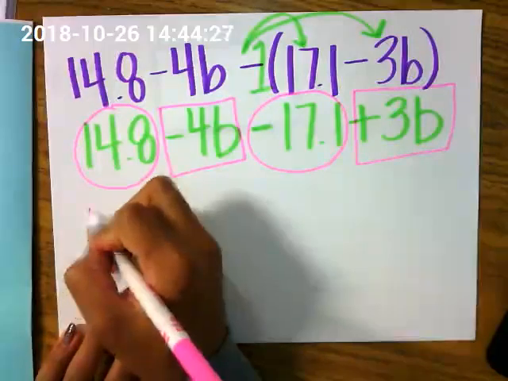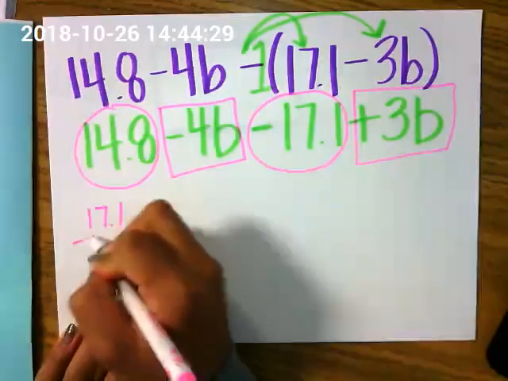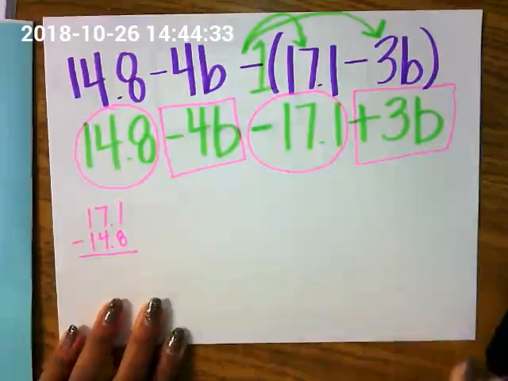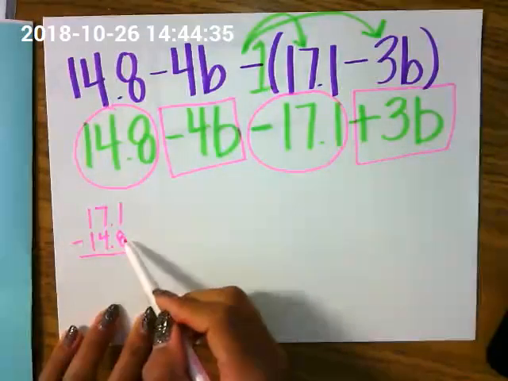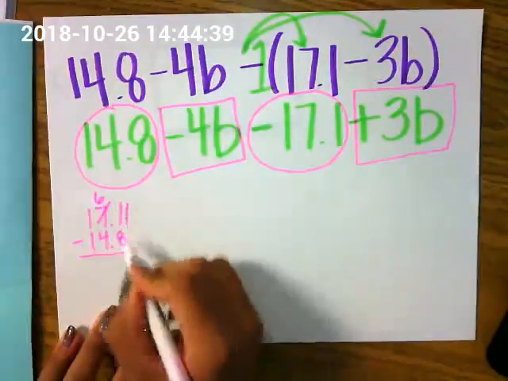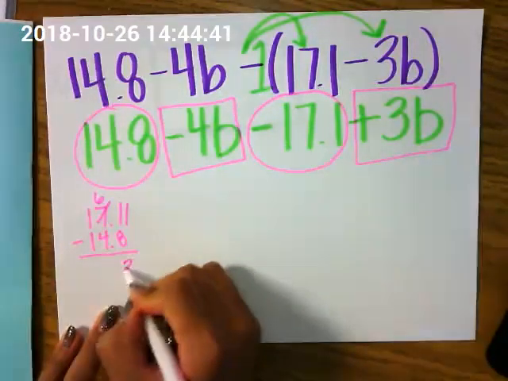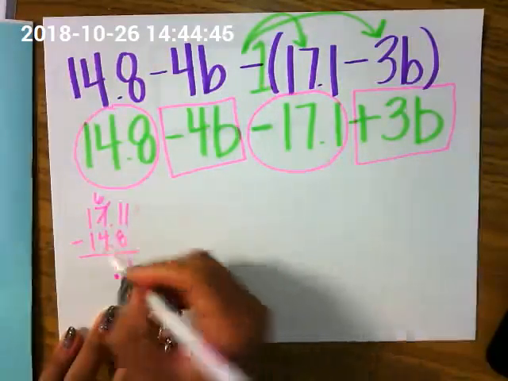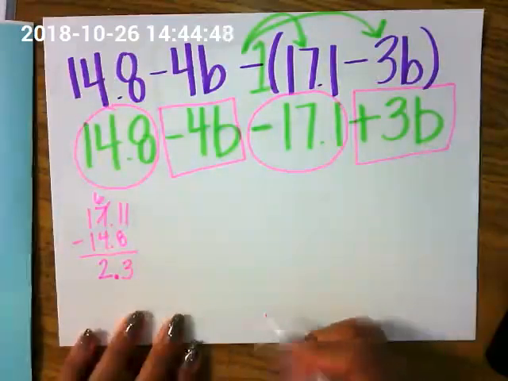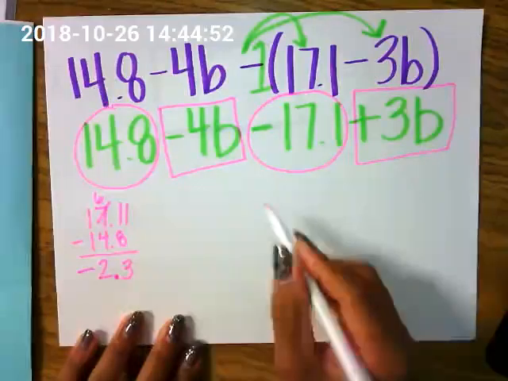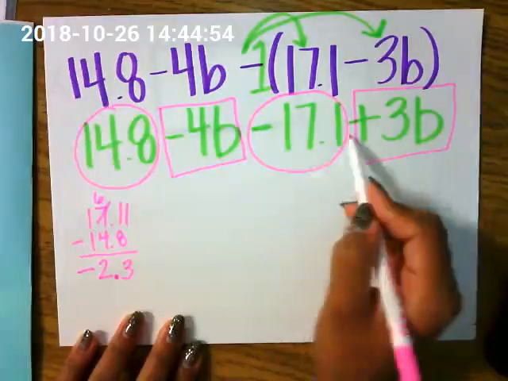So I'm going to have my 17.1 minus my 14.8. Can 1 minus 8? No, so we need to borrow, make this an 11, make this a 6. 11 minus 8? 3. Bring down my decimal point. 6 minus 4? 2. So we have 2.3. Is 2.3 going to be positive or negative? Negative, because the larger number here is negative.